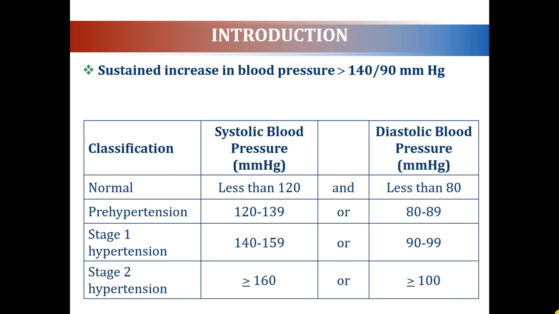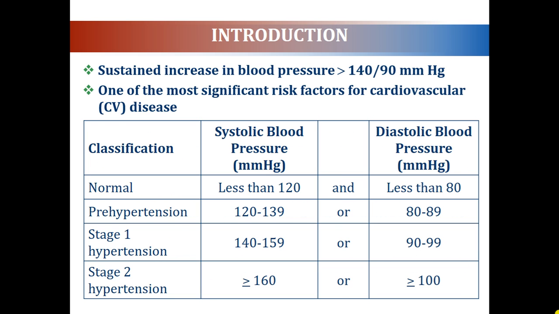And it is important to remember these stages of hypertension because treatment modality or drug selection is different for different categories of hypertension. And as you all know, it is one of the most significant risk factors for cardiovascular diseases. So hypertension needs proper attention by the physician.